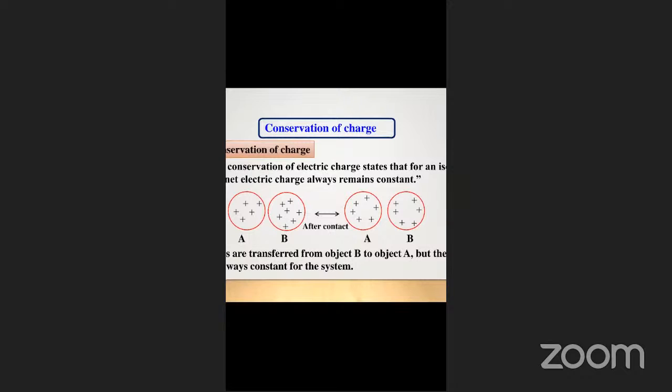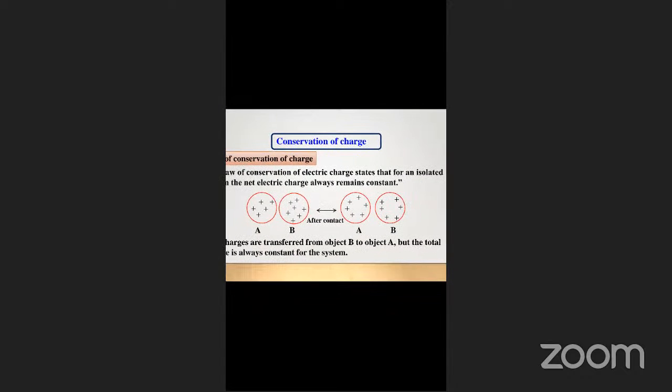Let us consider two point charges, A and B. A is a positive charge, B is also a positive charge. After contact, A is also a positive charge, and B is also a positive charge.